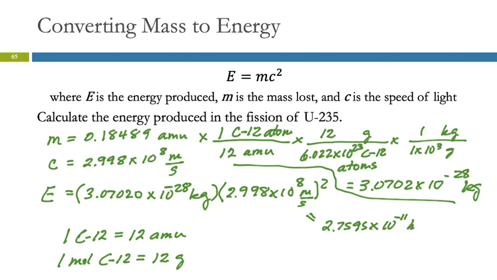So that's kilograms meters squared per second squared, which is equal to joules. So this is the sort of problem that we should be able to do, even though we're not shown how to do it, right?